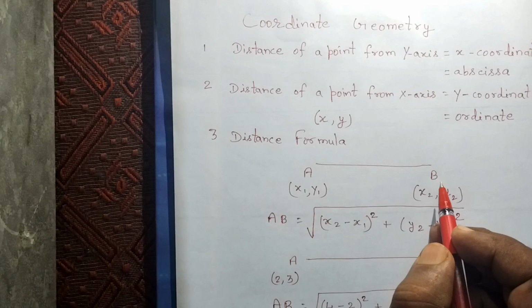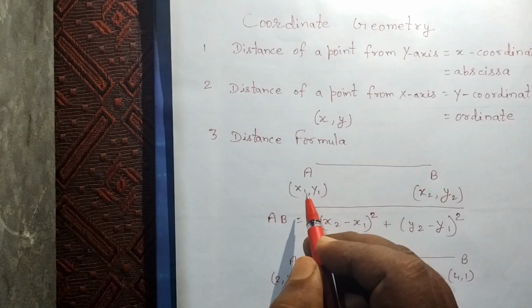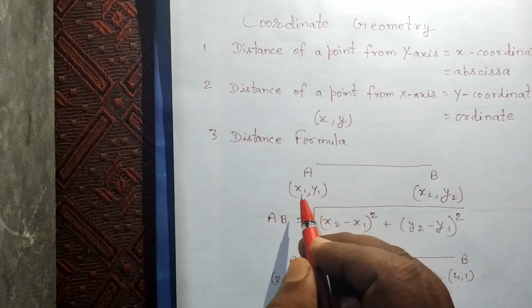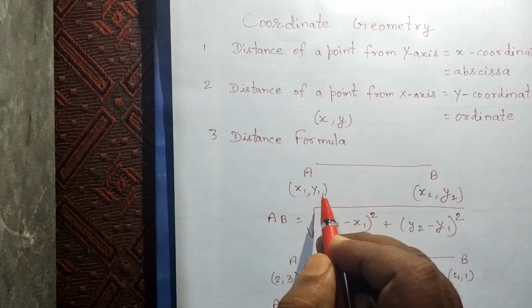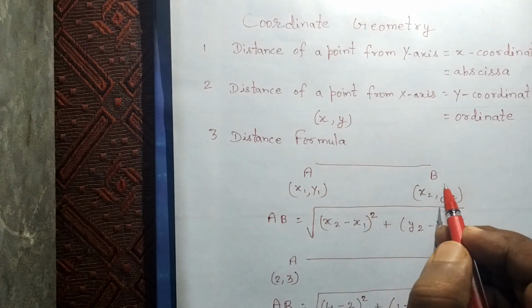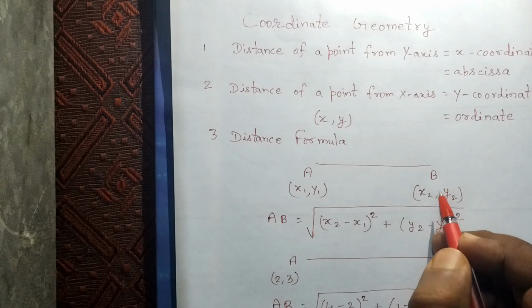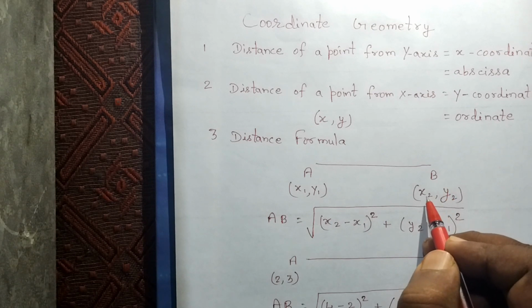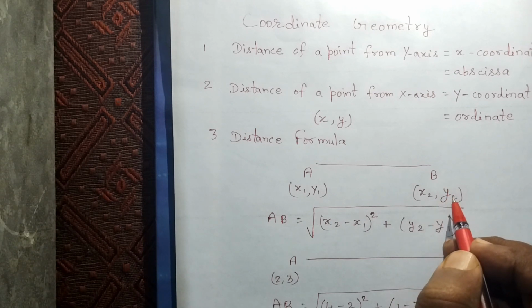Conventionally, we take the point on the left side as x1 and y1. The point on the right side, we take as x2 and y2.